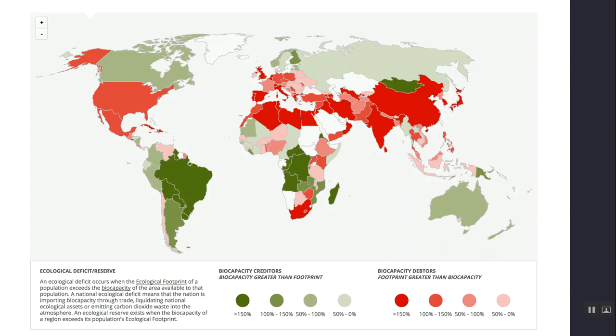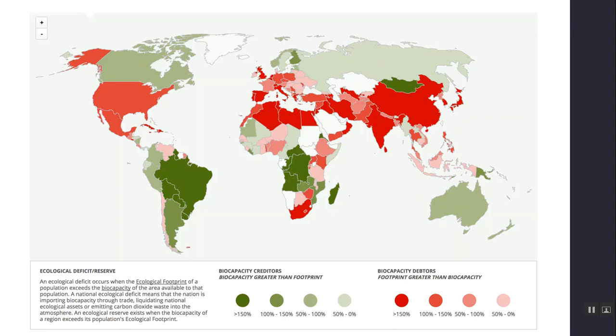And so if we think about it, we have ecological debtors. The US is one of them. We are using more ecological resources than we have currently. We do that A, through fossil fuel use, and B, from importing resources from other countries. Places like the Amazon in Brazil is one of the reasons why Brazil is an ecological creditor.